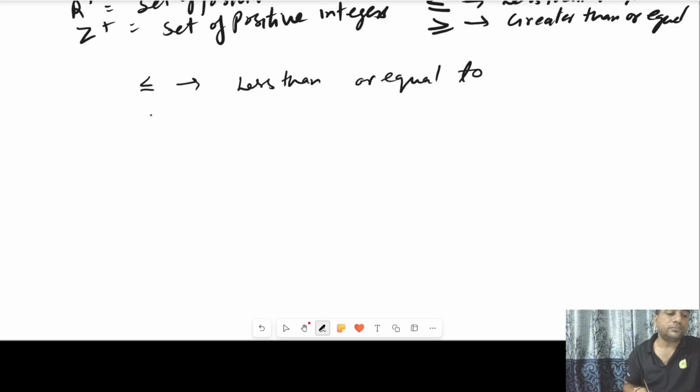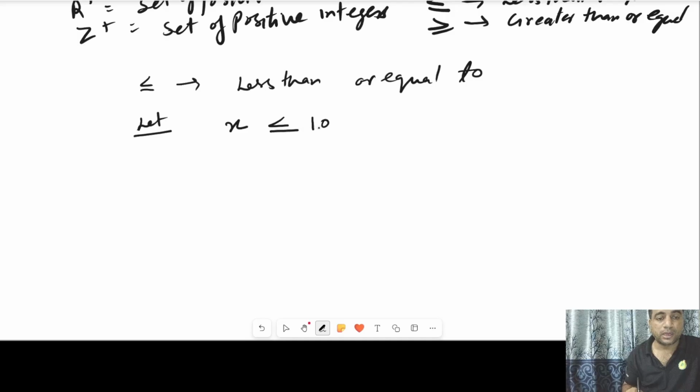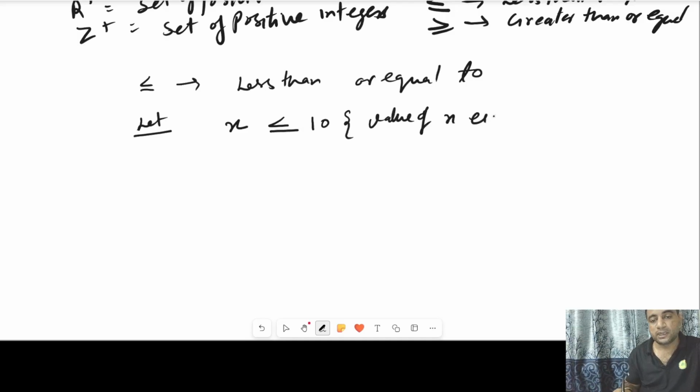Now let me take an example. Let x be less than or equal to 10. It means the value of x is either equal to 10 or less than 10.